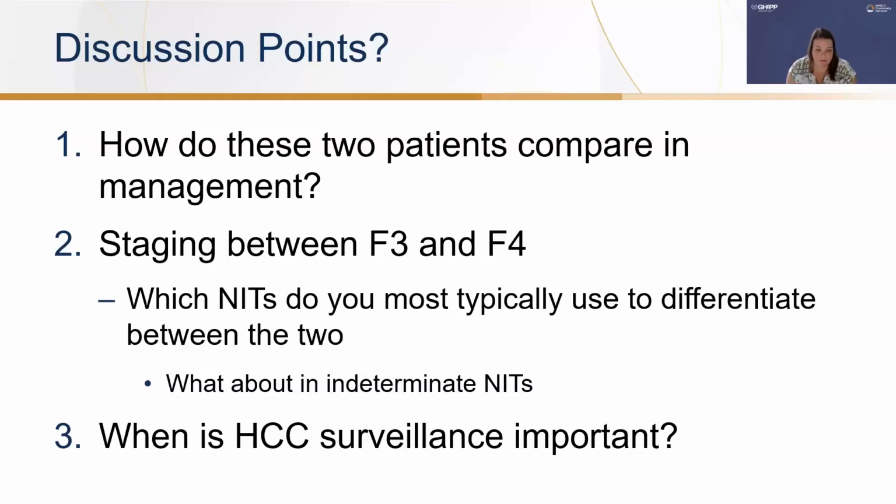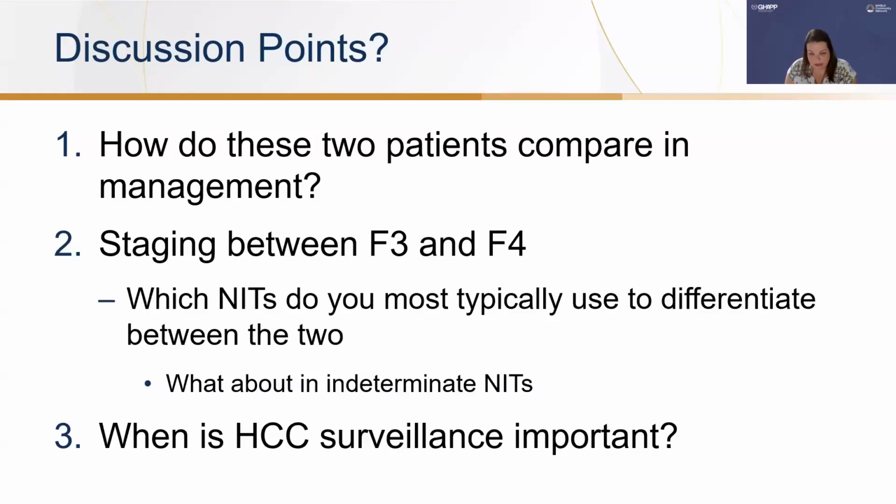Staging between F3 and F4, which non-invasive tests do you typically use to differentiate? I know in our clinic, we have a FibroScan right in clinic, so it's very easy to get that done. The only preparation is no eating and drinking for 3 hours prior, so we try to get patients in the same day as their appointment if we can, and they've been fasting long enough.